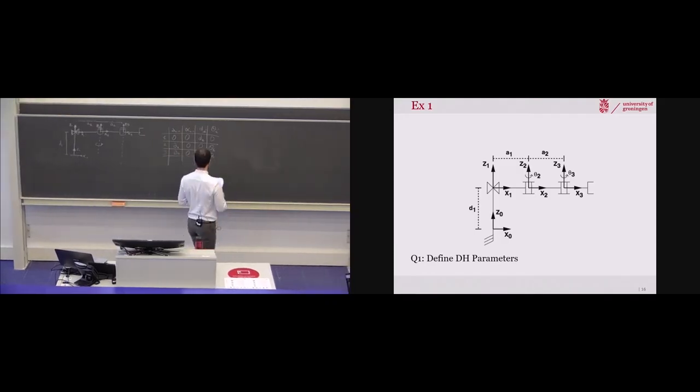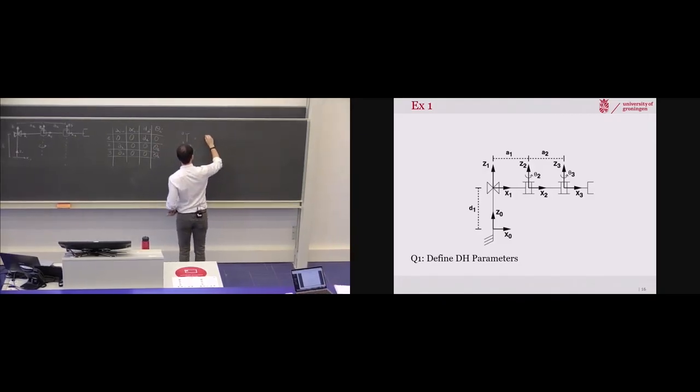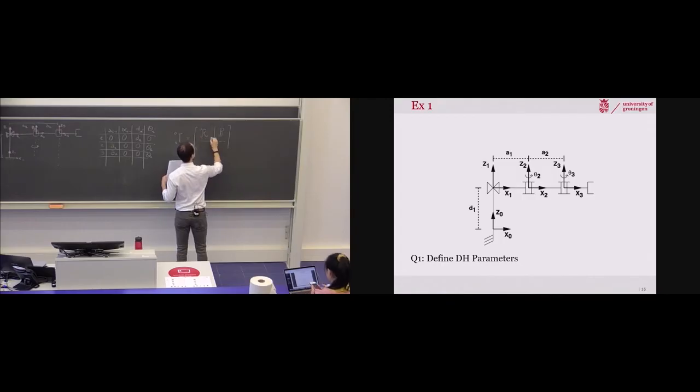Because the transformation matrix works like this: the transformation matrix from 0 to 1 is a rotation R and a displacement, let me write it as a P, from 0 to 1.